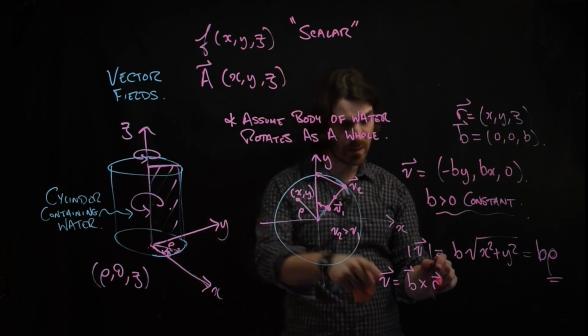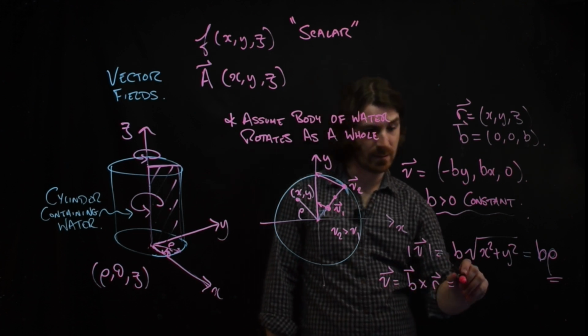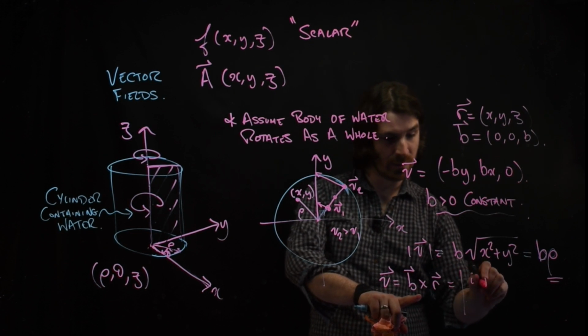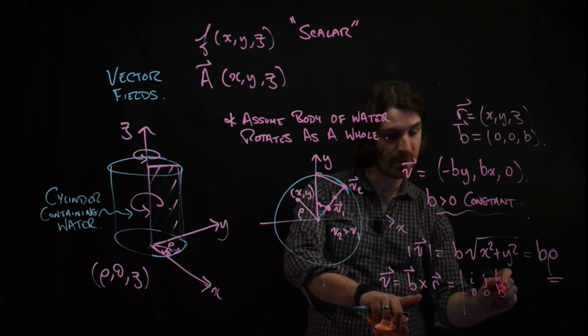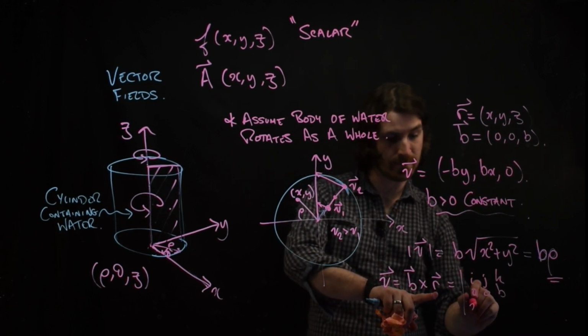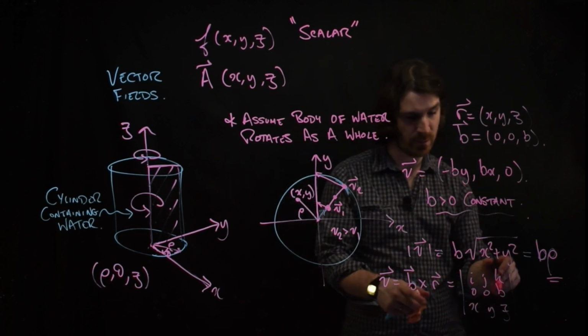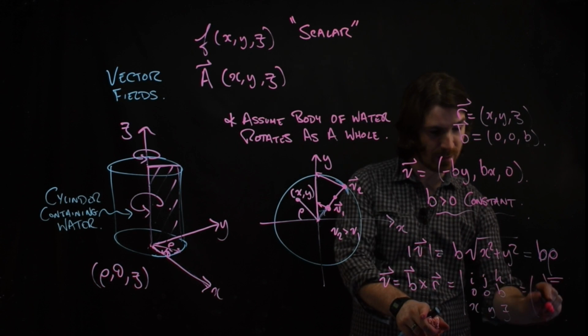Okay, so let's just check. What is b cross r? Remember how to do cross products? We have the vector b, so we've got 0, 0, b, and r is x, y, and z. We take this determinant, and this is the i component.